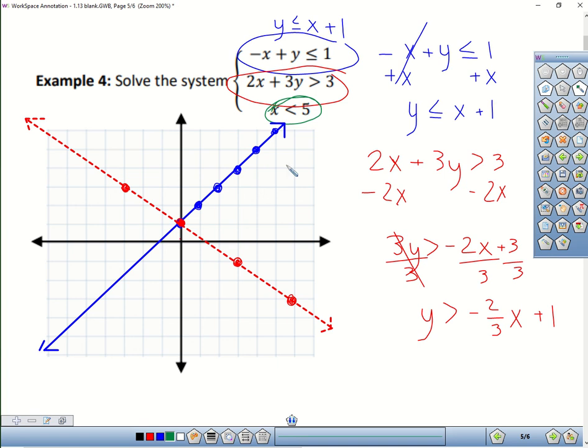Okay. And then lastly, we're looking at x is less than 5. So that's 1, 2, 3, 4, 5. It's right here. And it's going to be a dashed line through x is equal to 5. So it's going to look like this.